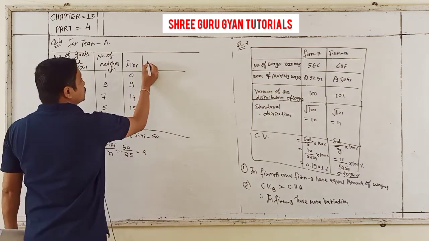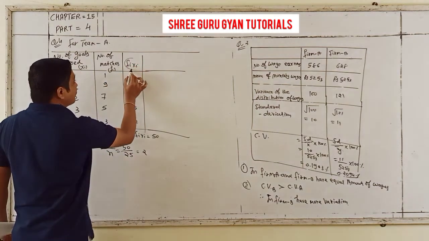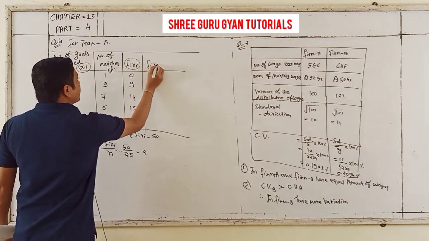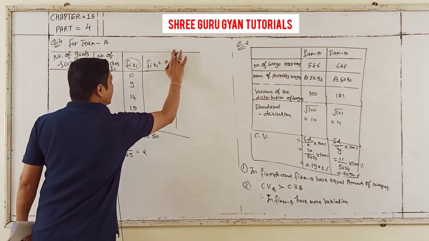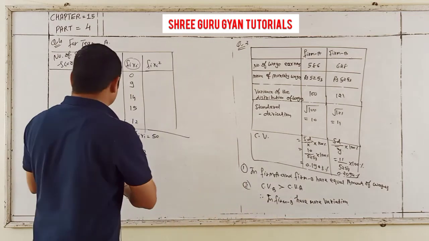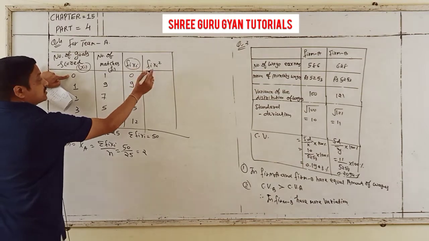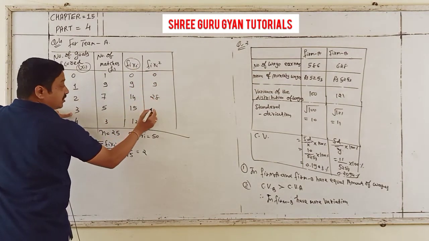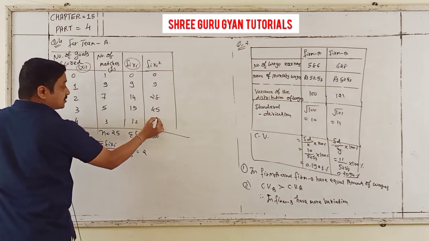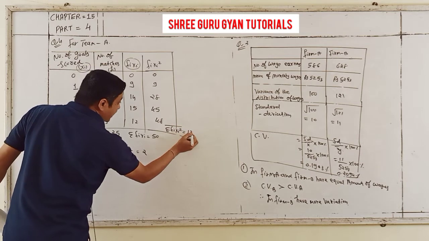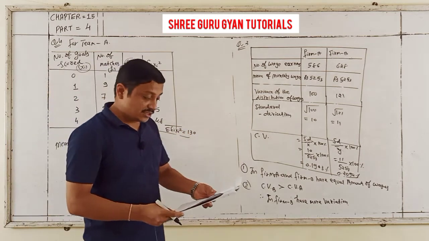Next, Fi Xi square means Fi Xi into Xi. You can apply any property you wish, but here I go with Fi Xi square for a total solution: 0, 9 1s are 9, 14 2s are 28, 15 3s are 45, and 12 4s are 48. That makes sigma Fi Xi square, total addition 130.